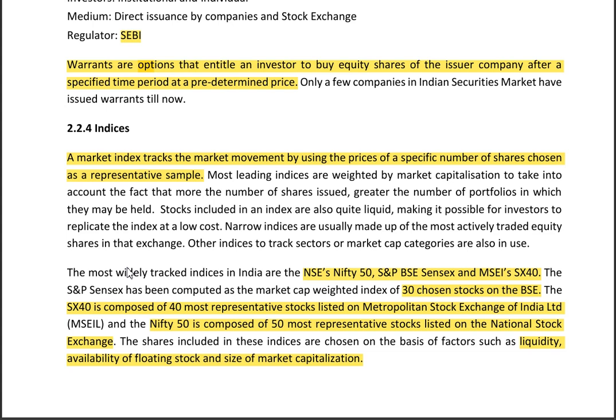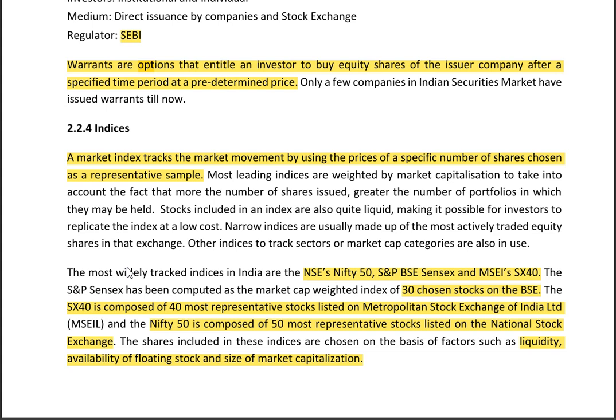So this is very important, guys. A market index tracks the market movement by using the prices of a specific number of shares chosen as a representative example. Simply, in India we have major indexes like Sensex and Nifty.